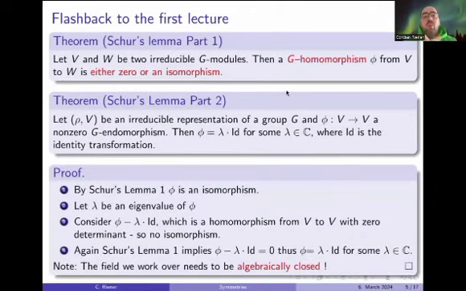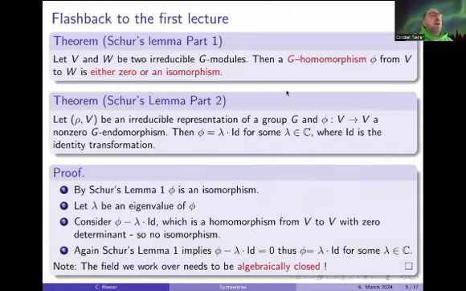We know by the first part of Schur's lemma that phi has to be an isomorphism, an invertible map, for this to be interesting. Let's look at an eigenvalue lambda of this phi.